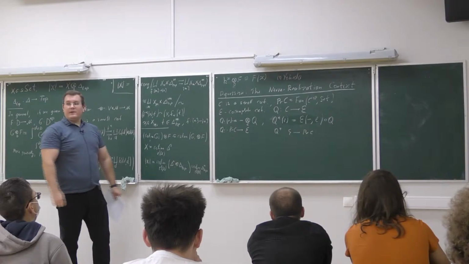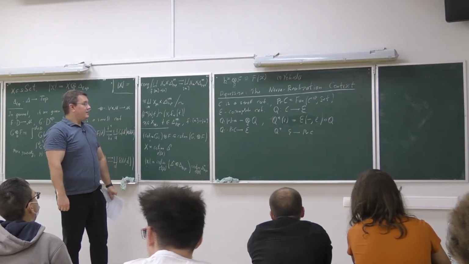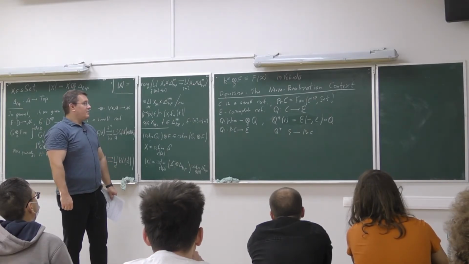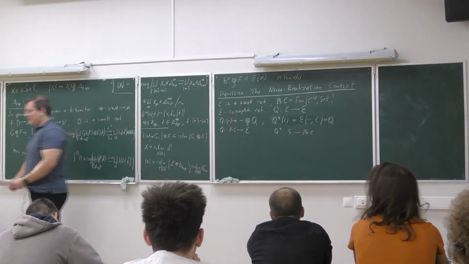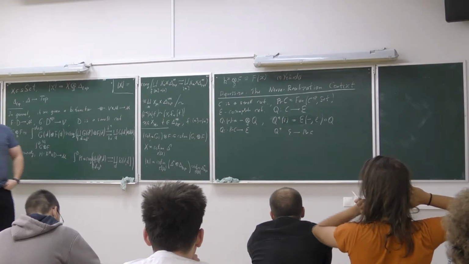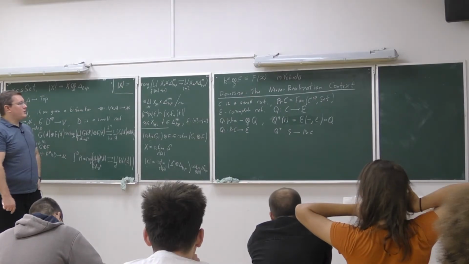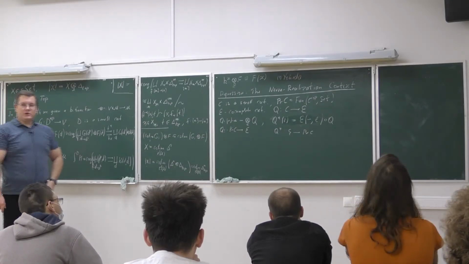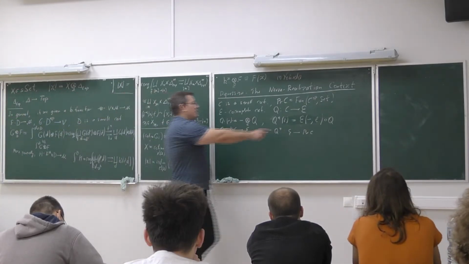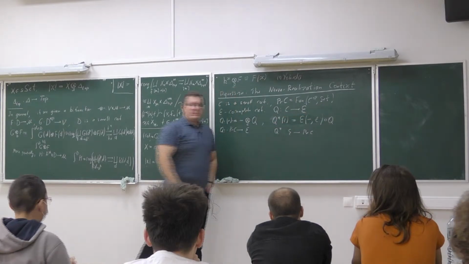Sorry, why do we have pre-sheaves in sets, not in E? No, I'm just telling you what happens if you consider pre-sheaves in sets. You can generalize this. You can replace this sets by, say, any symmetric monoidal category.